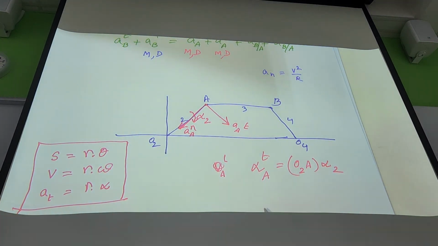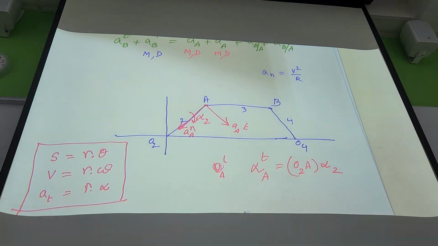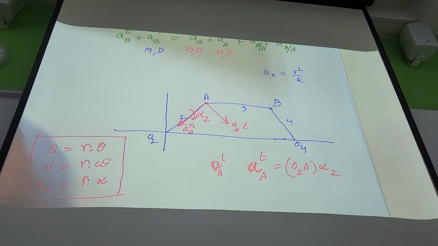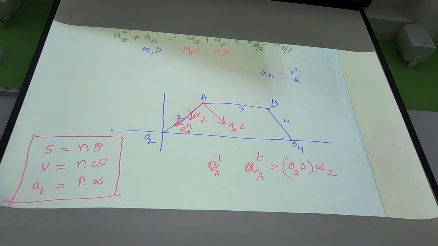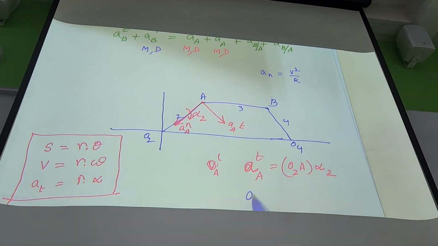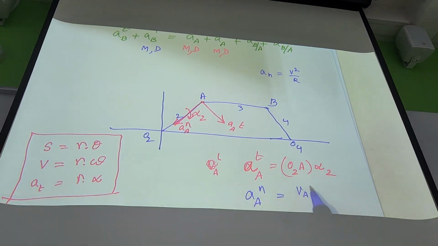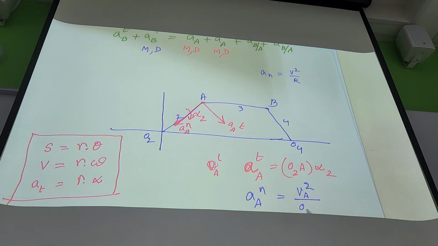This one, I should write acceleration of A. Acceleration of A normal will be velocity A square over O2A.